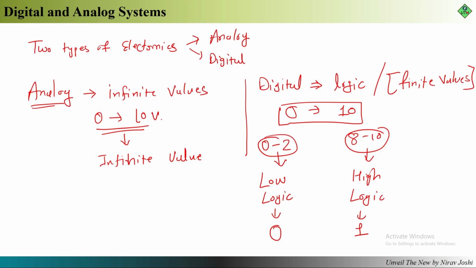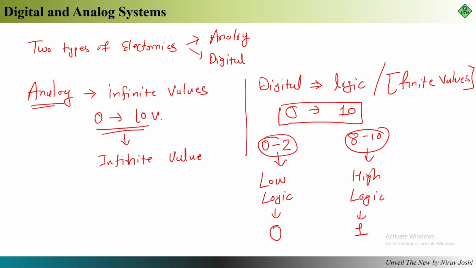If the voltage range is 0 to 10, and the voltage is in the band 0 to 2, it is low logic, that means 0. If it is in the band 8 to 10, it is high logic, that means 1.